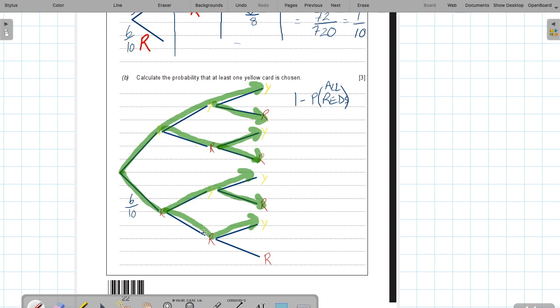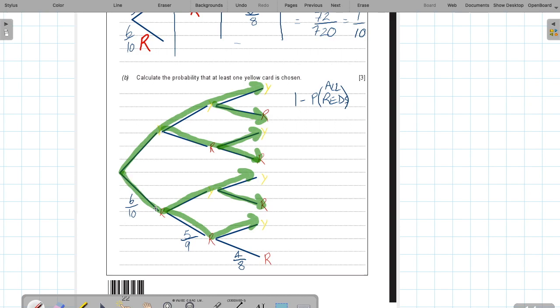If we pick a second red, there's only 5 reds in there now because we've already taken 1 out, and there's only 9 cards total regardless of colour. And if we get yet another red after that, there's only 4 reds left now because we've taken 2 out, and there's only a total of 8 cards regardless of colour, because we've taken 2 cards out that just so happen to be red.